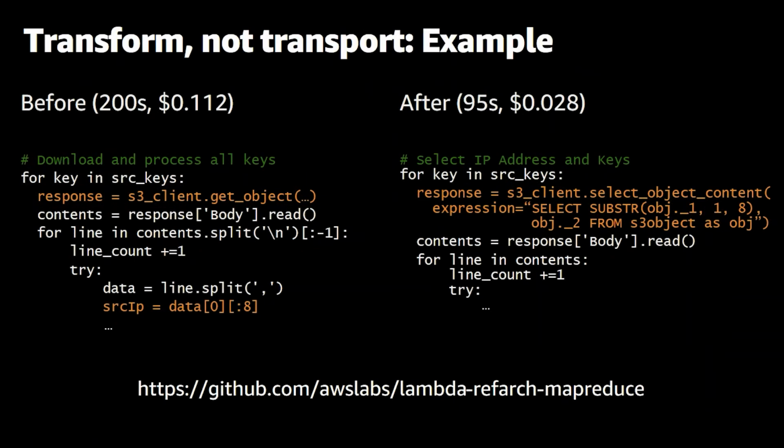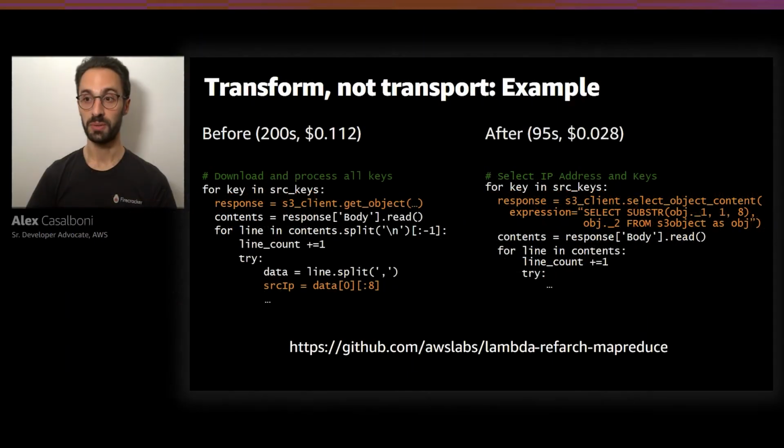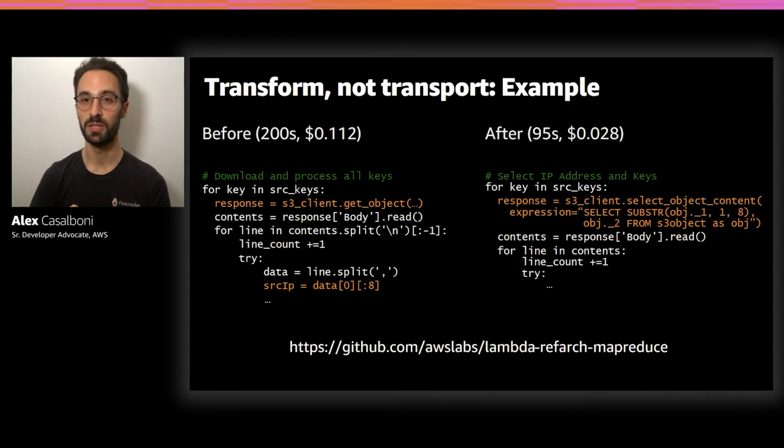This is an example of transform instead of transport. So this is an example where we are iterating over a lot of S3 objects, and we were downloading all those objects and then just fetching the first 8 bytes for whatever reason. I think it was trying to read an IP address from a record.